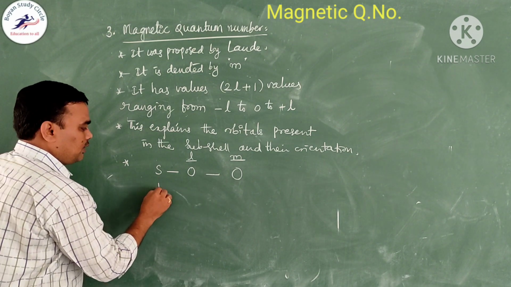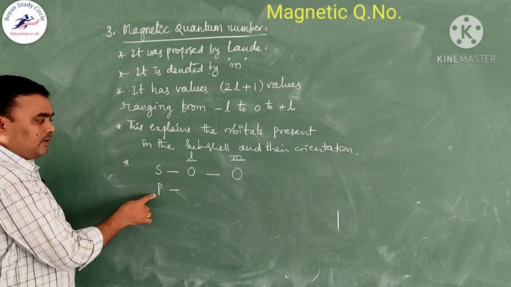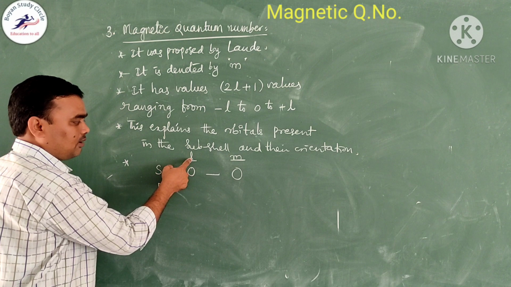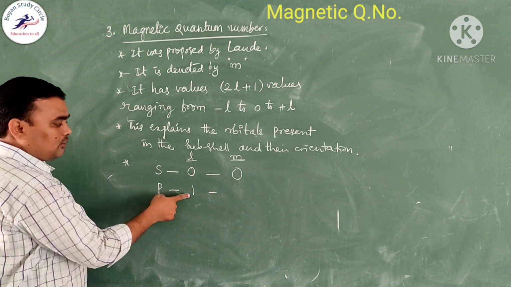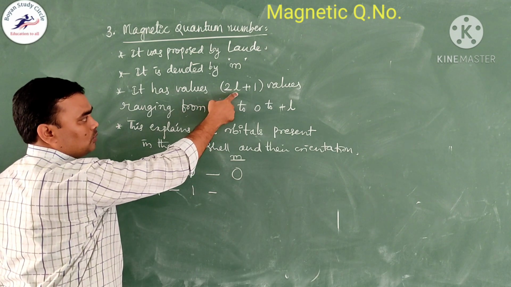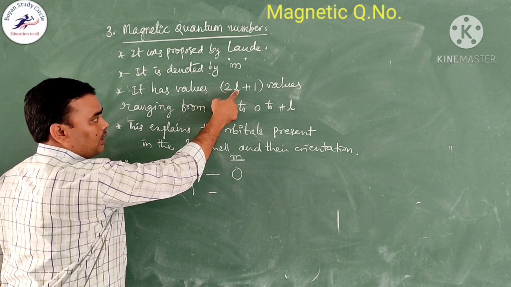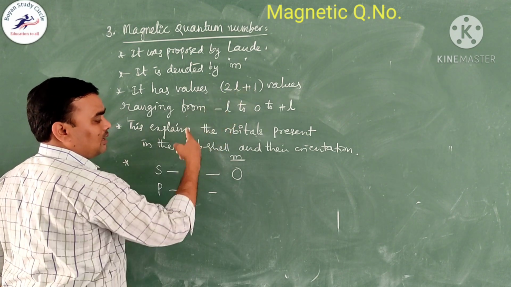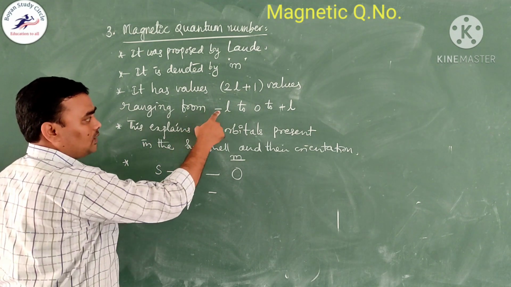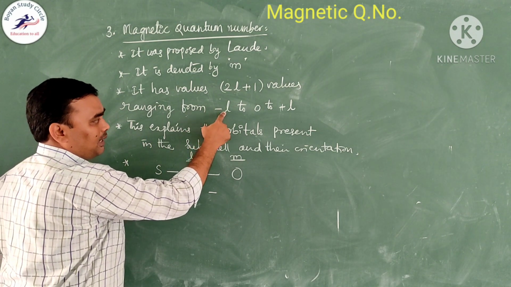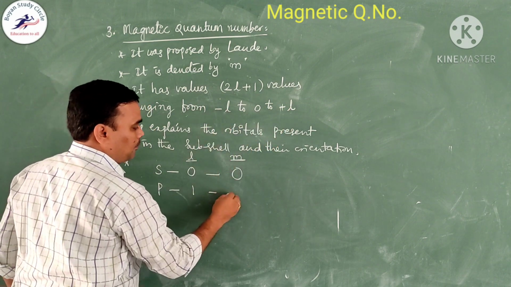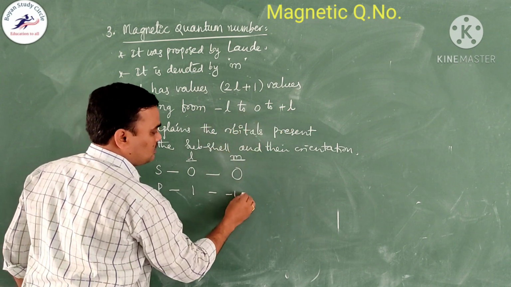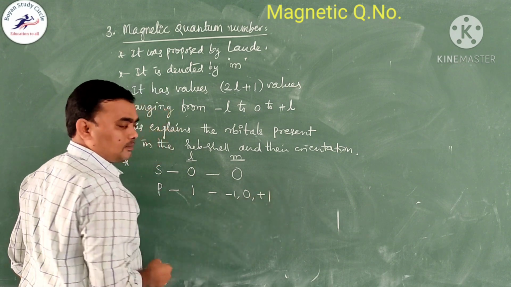Right? So when you take the subshell P, for P, what is the L value? 1, right? When you substitute the value L in this 2L plus 1, 2 into 1, 2 plus 1, 3. There are total values 3 and they are starting from minus L, 0 to plus L. So minus L means minus 1, then 0, then plus 1, right?